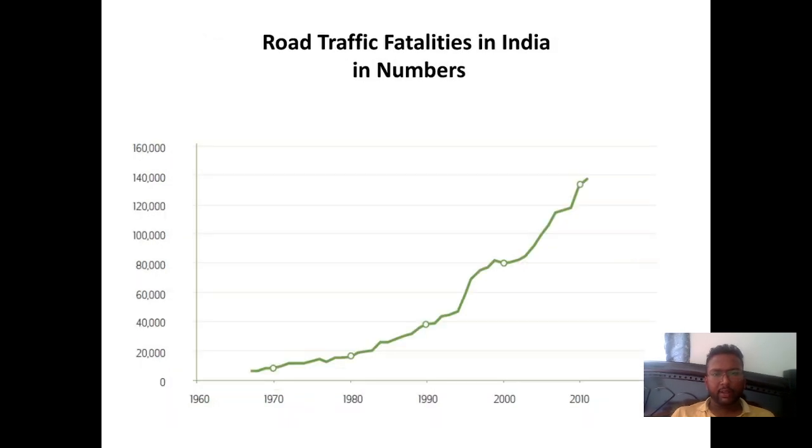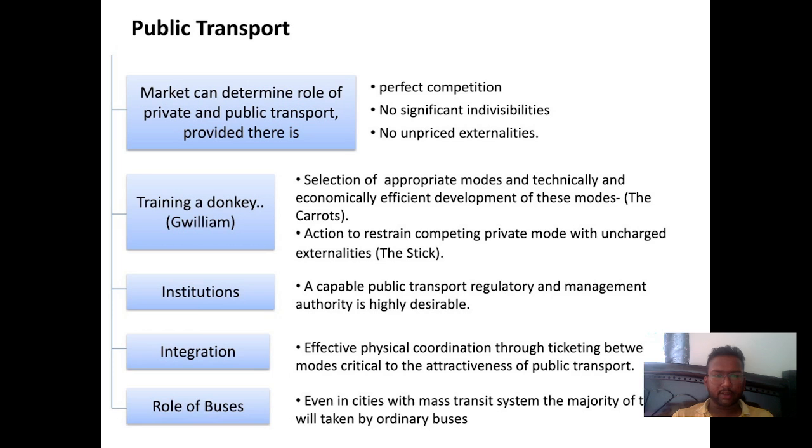Road traffic fatalities in India in numbers: in 1960 it was negligible, in 1970 it started growing, and by 2010 we have approximately 1,30,000 fatalities in India, increasing day by day.